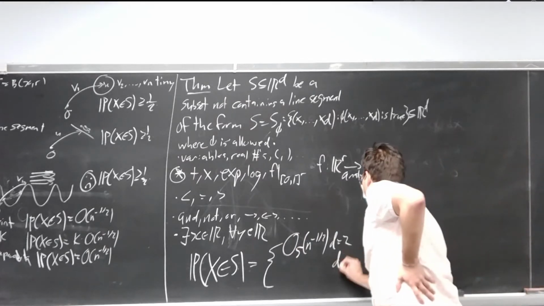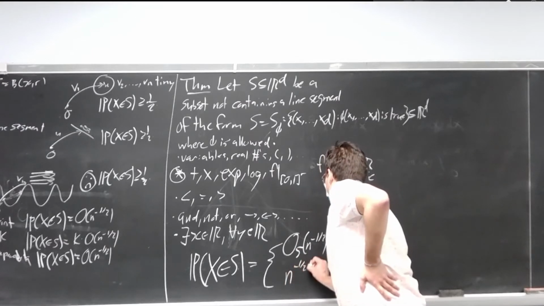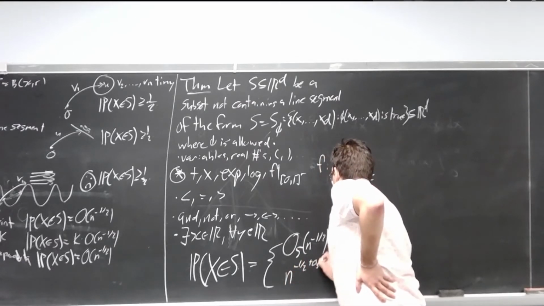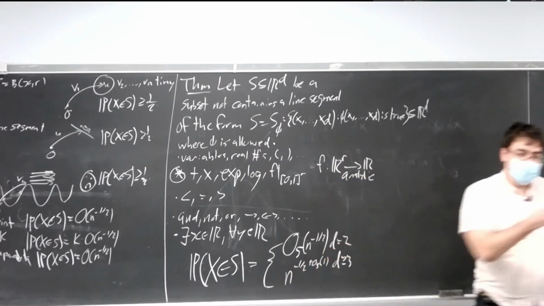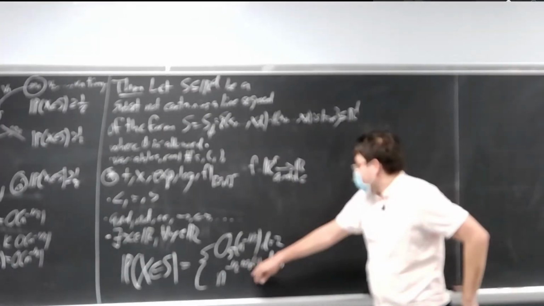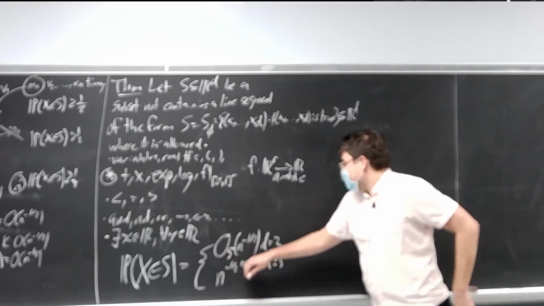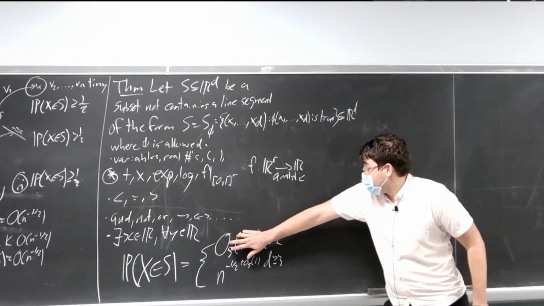And when d is at least 3, we could only get n to the minus 1/2 plus little o of 1. So this exponent approaches negative 1/2 as n goes to infinity. So it gets closer and closer and closer. It's a little bit weaker than having the constant in front of it. And we actually conjecture that this is the optimal thing in general.